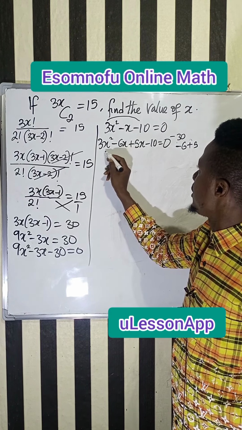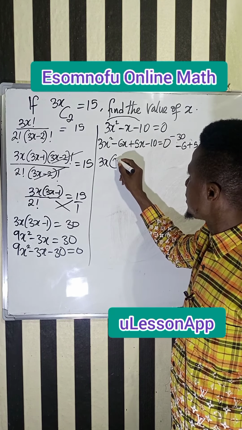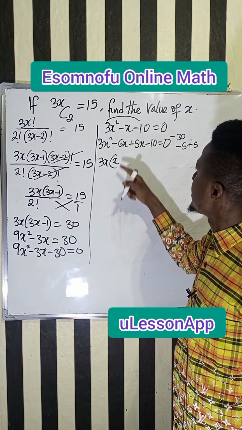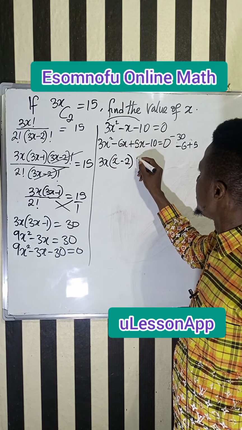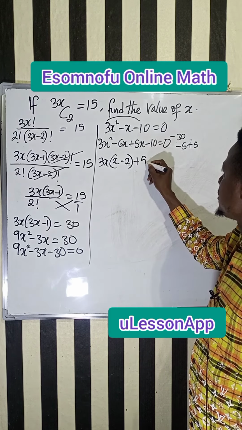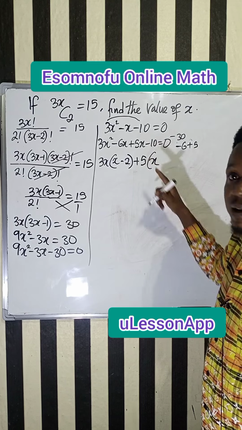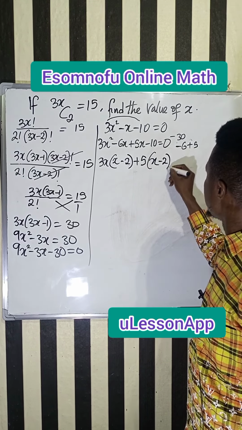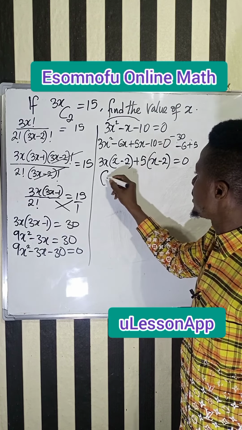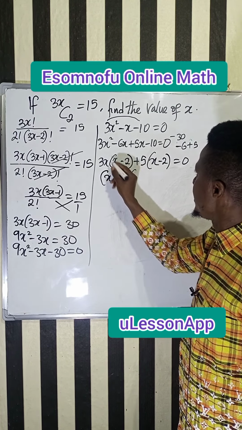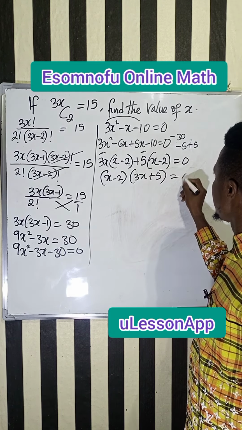So 3x is common here. You factor out 3x: 3x squared divided by 3x is just x, minus 6x divided by 3x is minus 2. Plus 5 is common here. You write your 5 into 5x divided by 5 is x, minus 10 divided by 5 will give us minus 2, everything equal to 0. Now you can factor out the common term, which is x minus 2, remaining 3x plus 5, everything equal to 0.